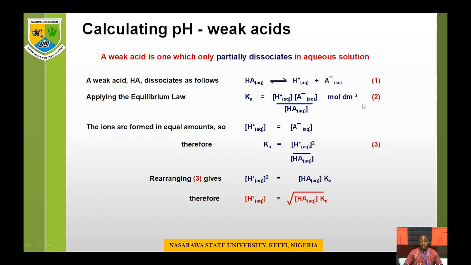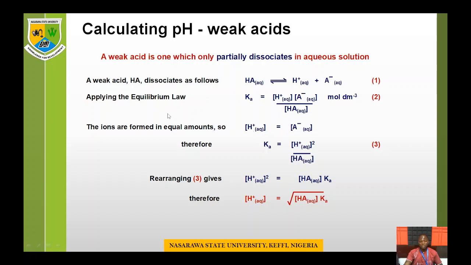They are not completely soluble in solution. So HA in a forward and backward reaction will give you hydrogen ions and the anions indicated by A minus.